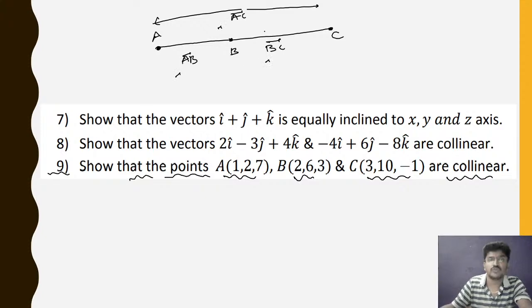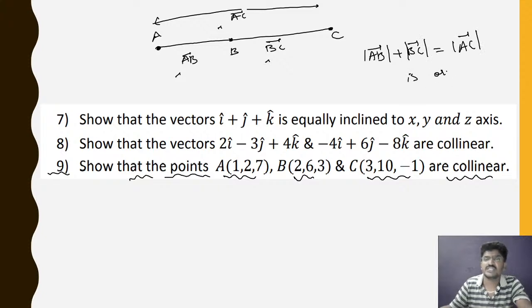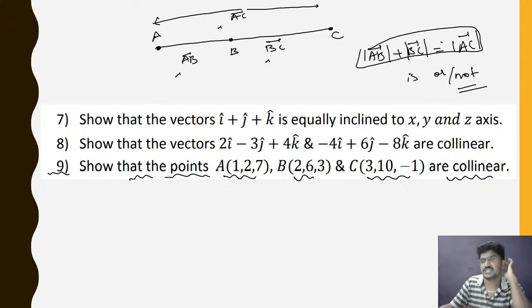So what you have to do is check whether magnitude of AB plus magnitude of BC is equal to magnitude of AC or not. If this is equal, they are collinear. If this is not equal, they are not collinear.